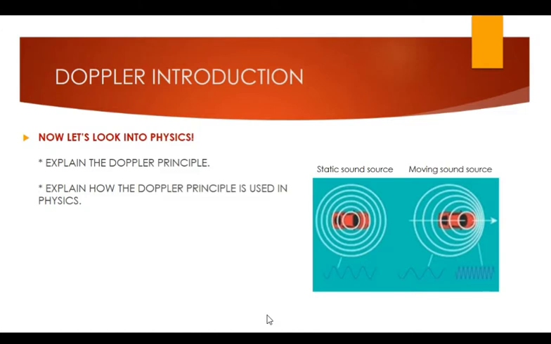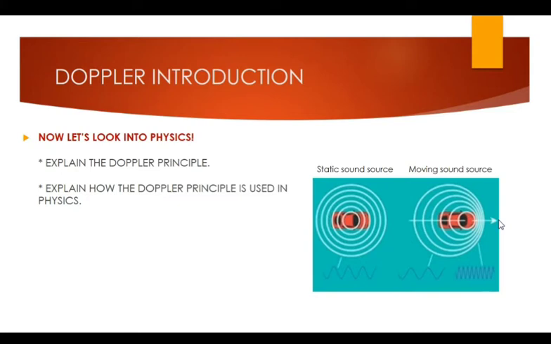So if we have a static sound source, which is our car here on the left, it doesn't matter where we're standing around that car, okay? The frequency of sound emitted is the same in any direction. If the source is moving, then the frequency you hear on each side of the car will be different.